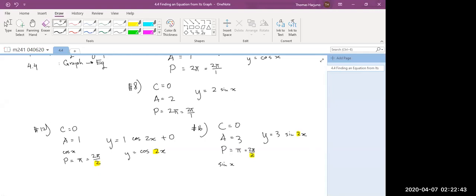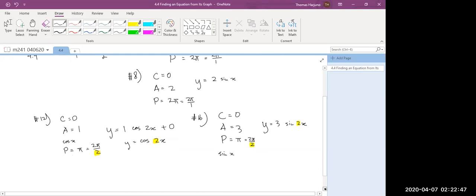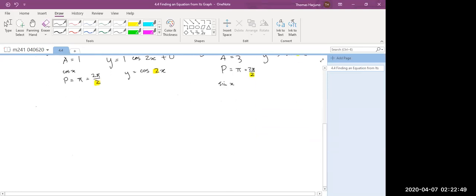Let's go even further. How about number 20? Center, 0, amplitude, 2, the period, 2, so that's 2 pi over pi, right?